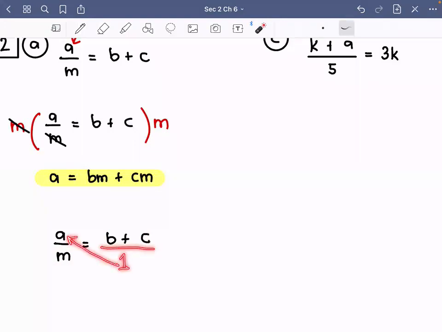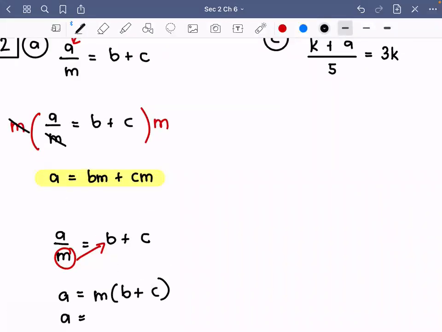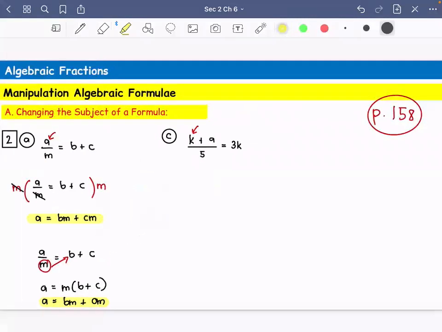So 1 times A will give us just A, and then M times B plus C. So I got A is equal to M times B plus C. Therefore, my answer is the same, BM plus CM. Okay, so that's number 2, letter A.